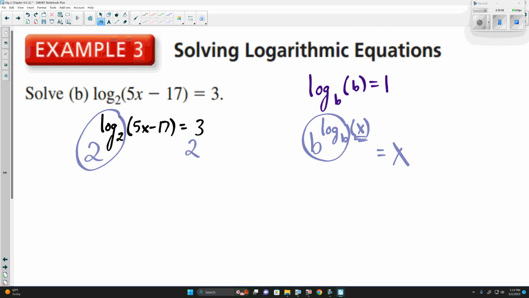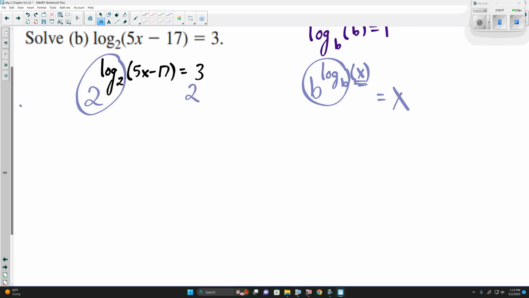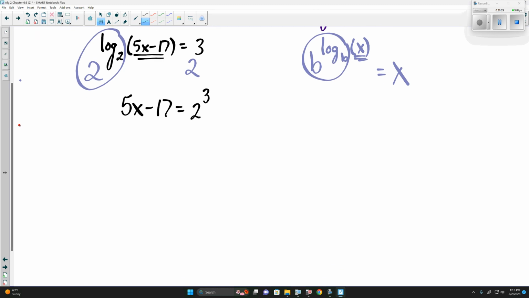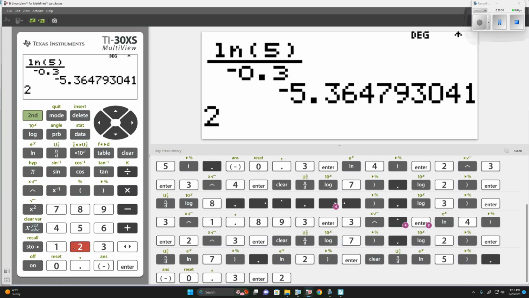Because this 2 to the log base 2 will cancel out, leaving us with, now up to this point, whenever we did our first step, especially today, in solving, what we ended up getting was not a nice number, right? Is 2 to the third going to be a nice number? Yeah, it'll be 8.